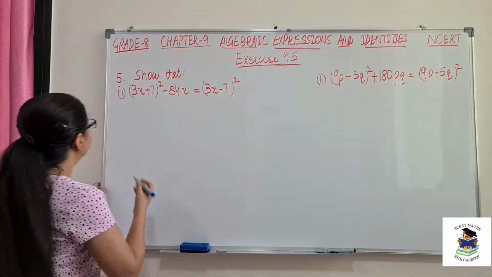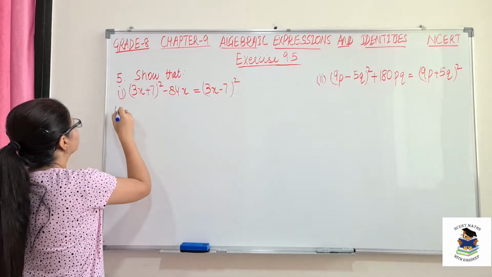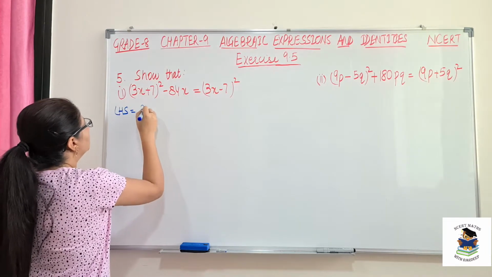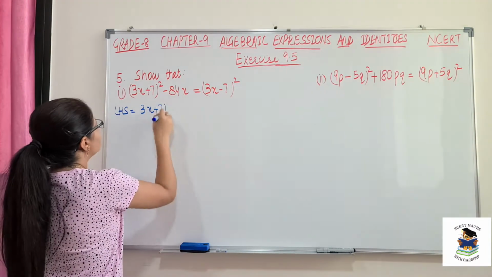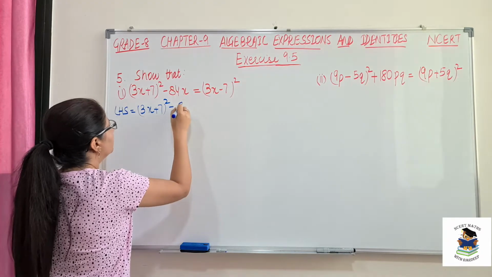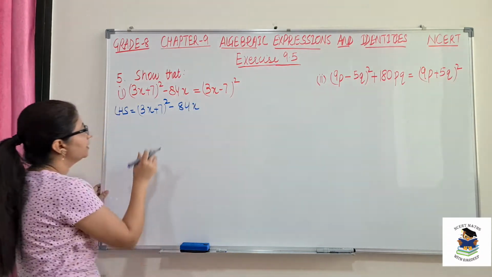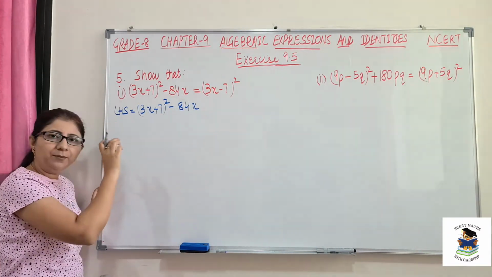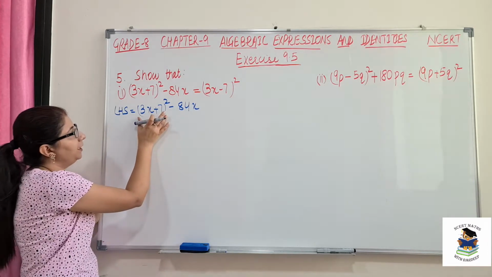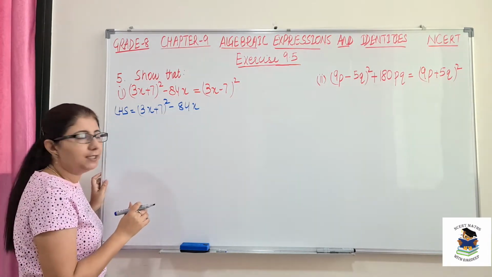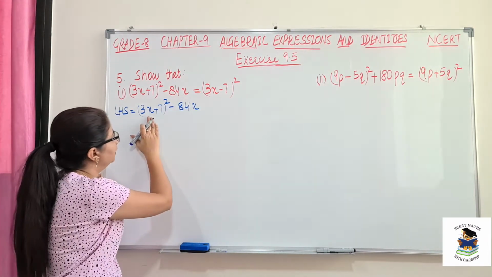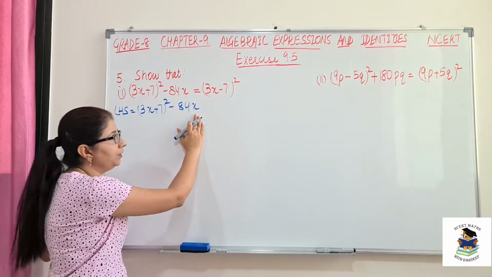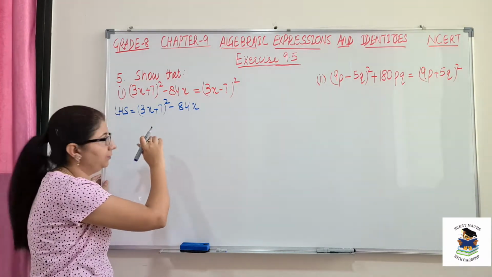Let's see. Here the left hand side is (3x plus 7) whole square minus 84x. So what is this? This is (a plus b) whole square. So I'll apply our first identity, that is (a plus b) whole square, and then solve it, and then we will check what we will get.